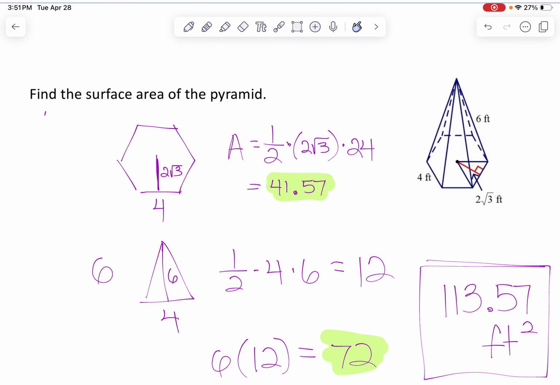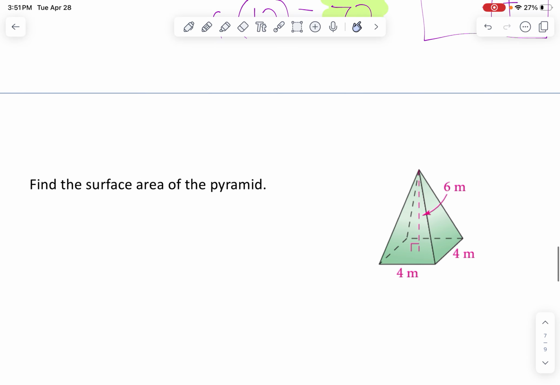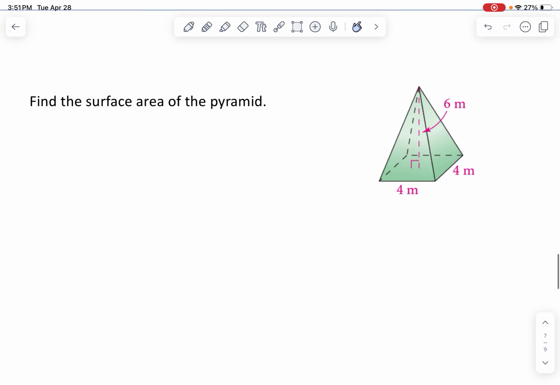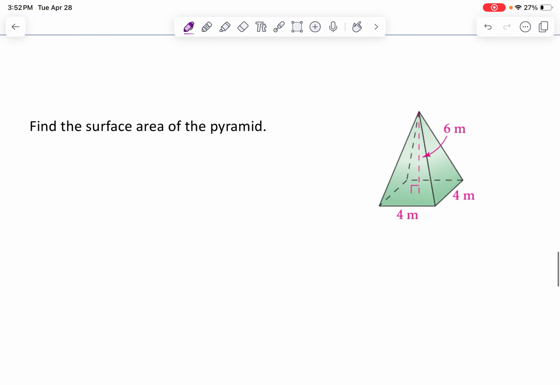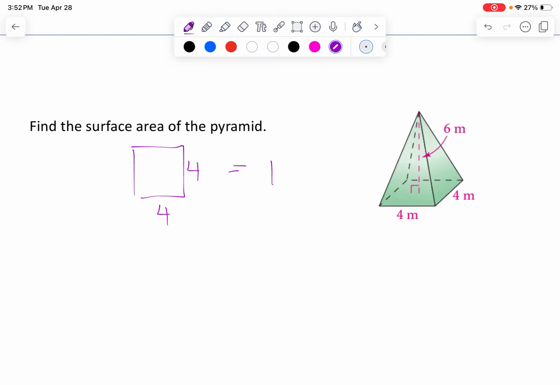Hopefully this is making sense. Here's another one. On the surface, this looks a little bit easier, but there is one trickier part that we have to handle. The base is a square again, looks like 4 by 4, so that's 16.